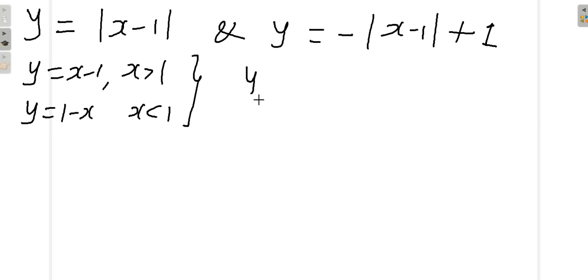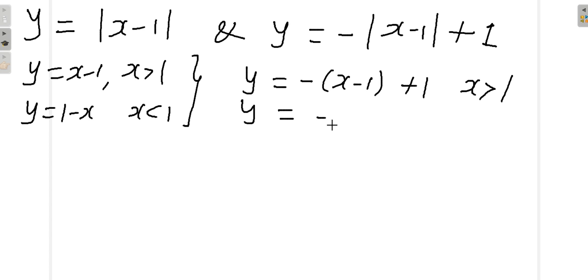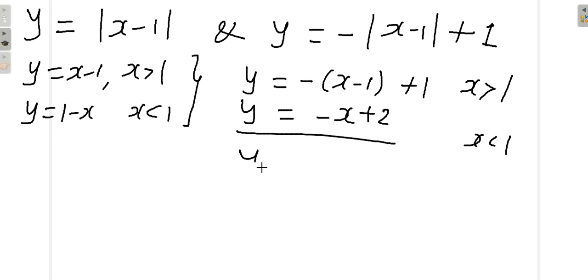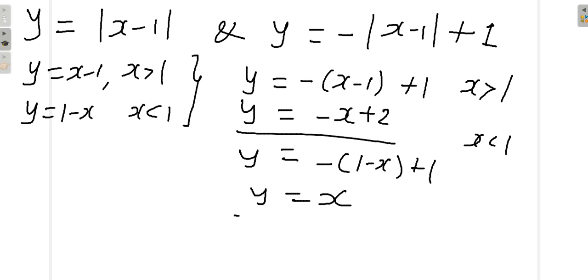What about this? Y equal to minus of x minus 1 plus 1, that is y equal to minus x plus 2, and when x is less than 1, we simply have y equal to x.